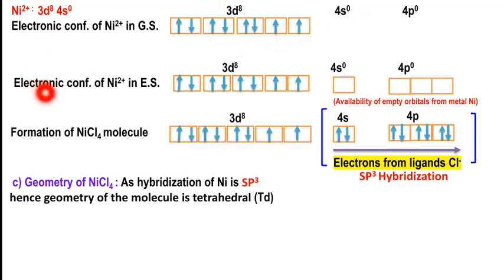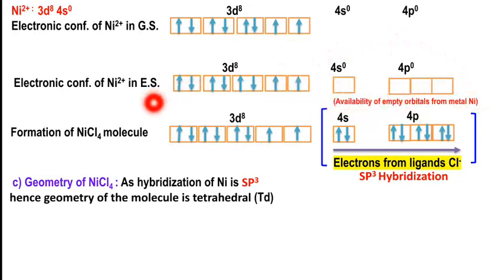Now we can see the electronic configuration of Ni2+ in the excited state. In this excited state, the metal atom will make available the empty orbitals. We have just seen that the coordination number of the complex is 4, so the nickel will make available 4 empty orbitals, the next empty orbitals after the 3d orbital.